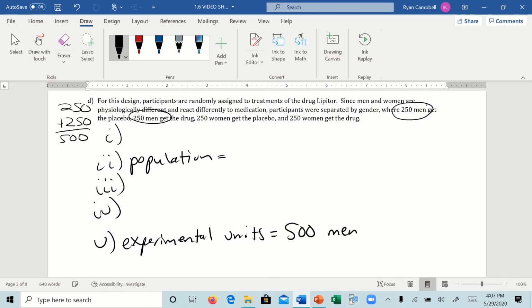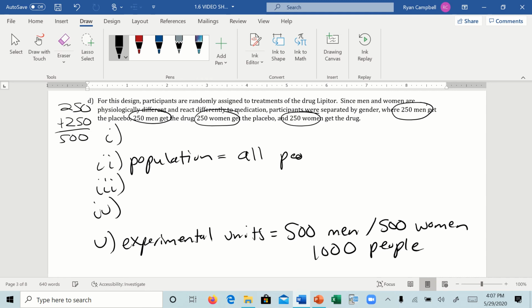Same thing with women: 250 getting the placebo, 250 getting the drug, so we also have 500 women. Or you could just say 1,000 people, either way. So what would the population be? If we have 1,000 people in our experimental units, then the population would just be all people.